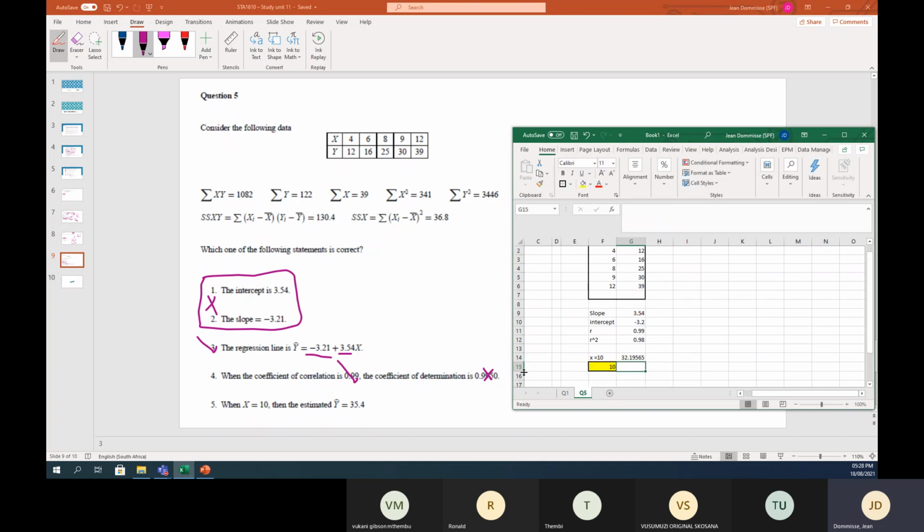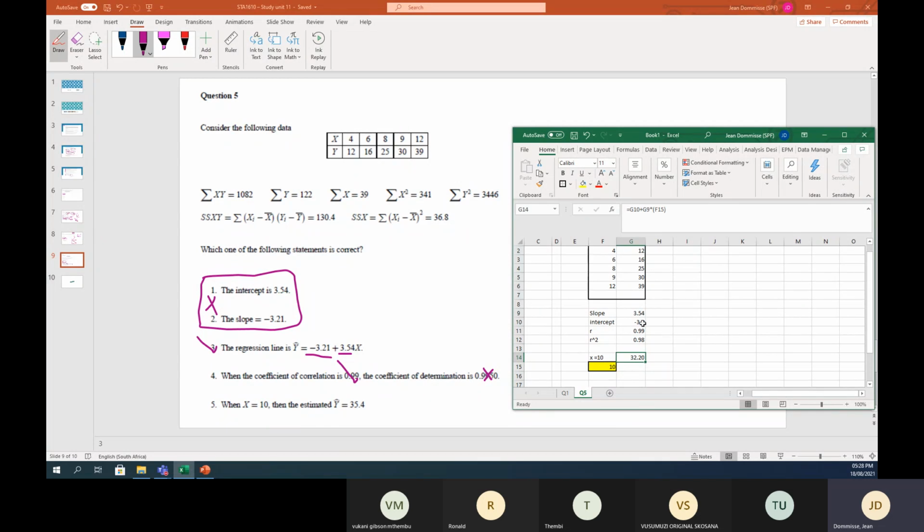So when we do that, at x of 10, the y should have been 35.4. It is only 32 point, probably 0.2. So definitely one can see that this one is also incorrect.